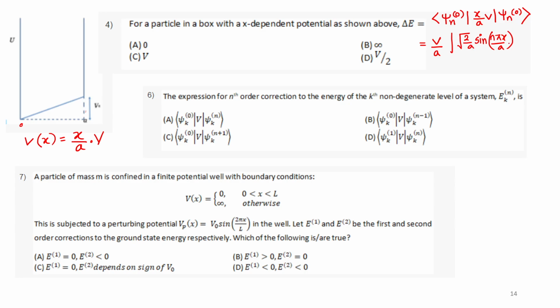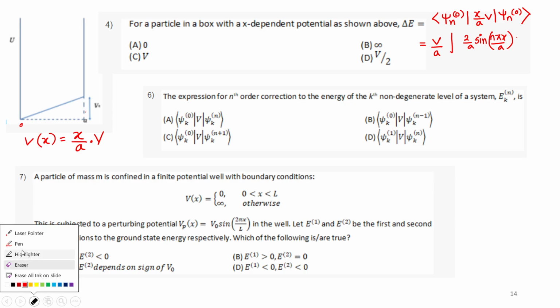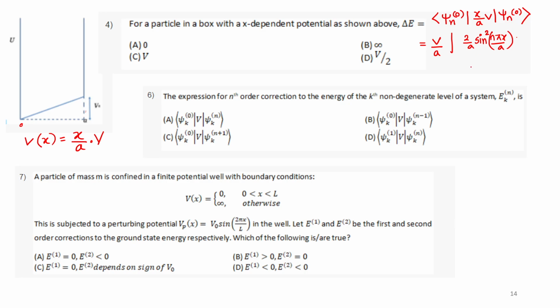So root 2 by a sin n pi x by a. The complex conjugate of that will also be the same because that is a real wave function. Now we are going to get this thing again. So I will remove the root and put a square there, square of sine, and obviously x and dx. So I will take V by a square and the integral of x times 2 sine square n pi x by a dx.